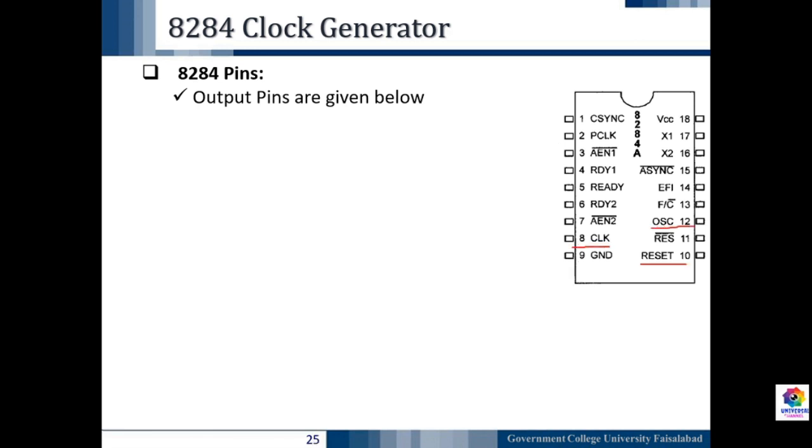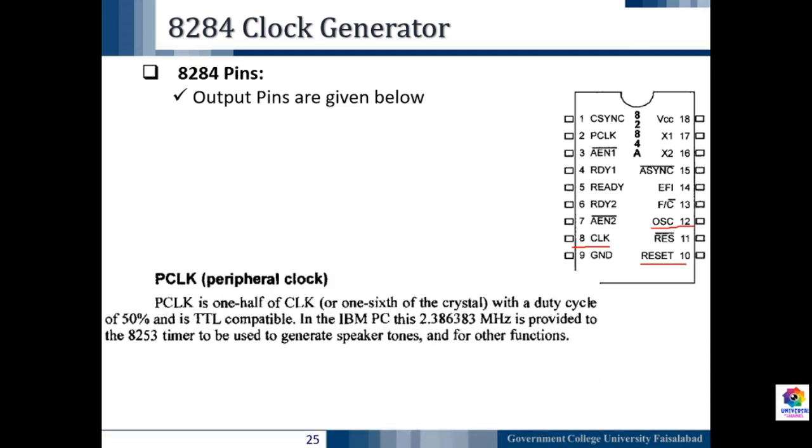Now in this slide, we are going to study the last two output pins. The second last is the PCLK, the peripheral clock pin, pin number 2 of the IC. Peripheral clock is 1/2 of the clock frequency or 1/6 of the provided crystal frequency, with a duty cycle of 50%, and it is TTL compatible.